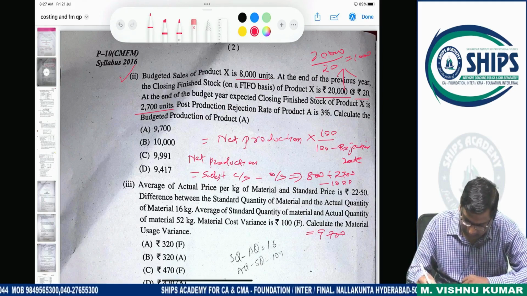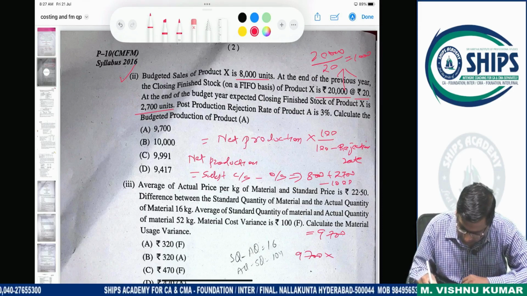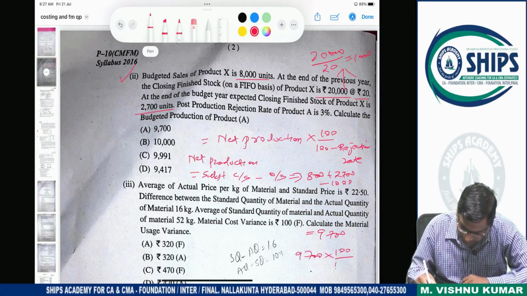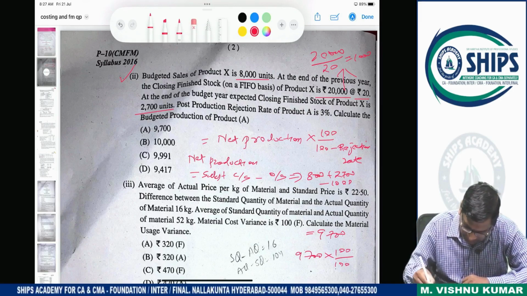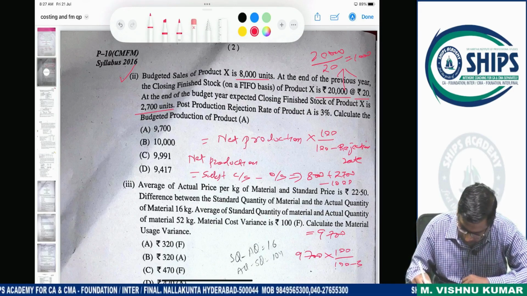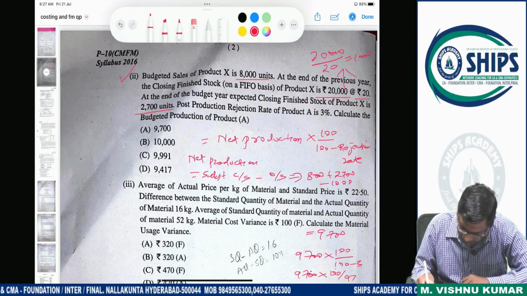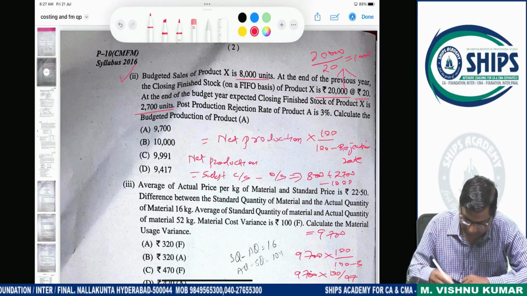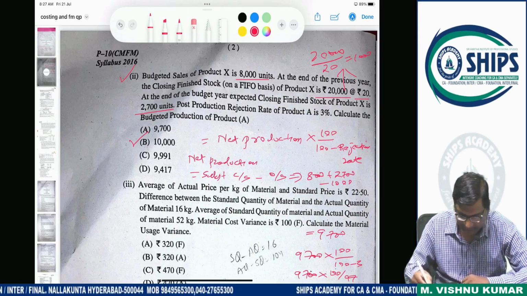So 9,700 is net production. So we have to convert this into gross. So very simple. 9,700 into 100 divided by 100 minus the rejection rate, which is 3%. It means 9,700 into 100 by 97. So we'll get 10,000. So this answer is 10,000.